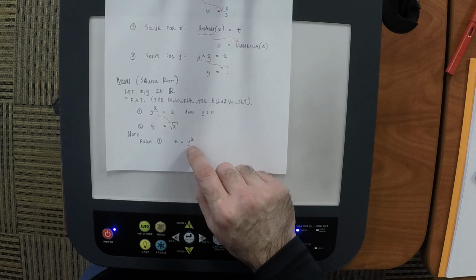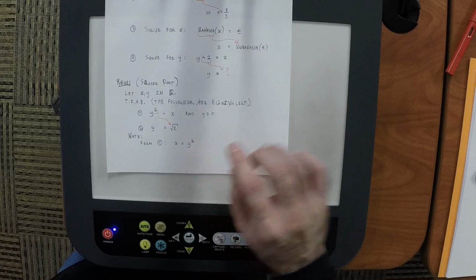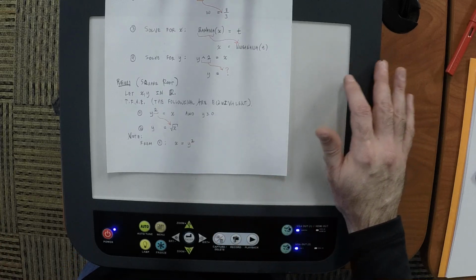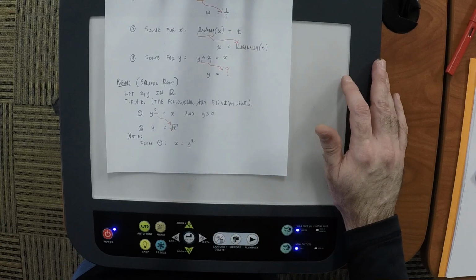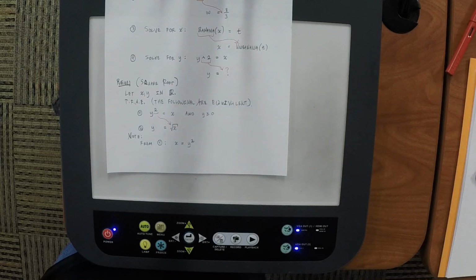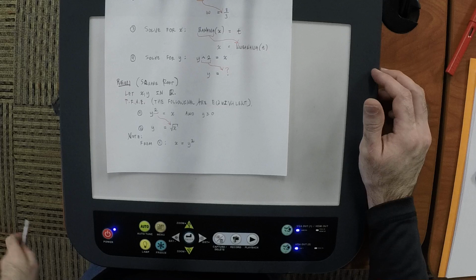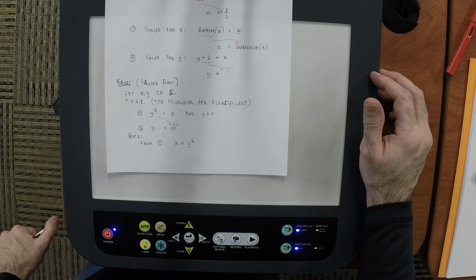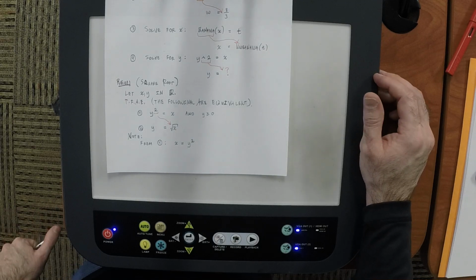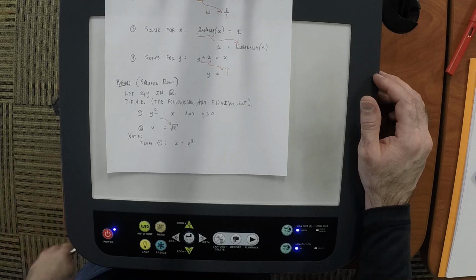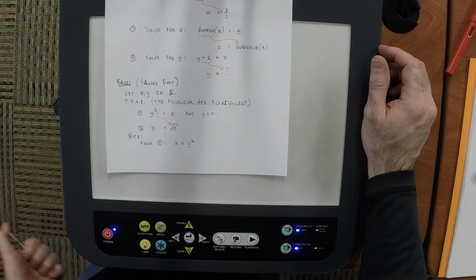What if y is negative, and you square it? You get a positive number. And we've eliminated almost all the possibilities. What's the last possibility? A number that is not negative and not positive. 0, right? What if you square 0? You get 0.